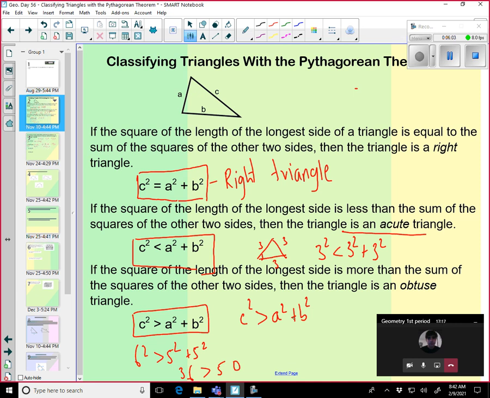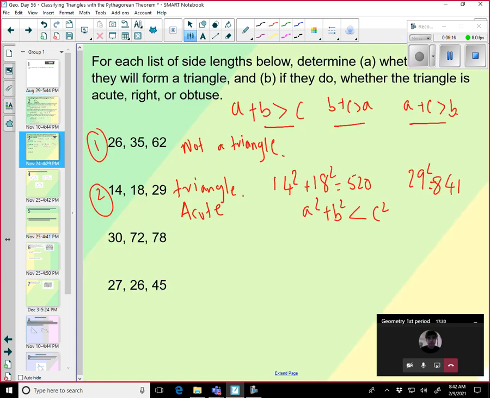Oh, A square plus B square is less than C square, then it is obtuse. My bad, guys. It's going to be an obtuse triangle. If C square is less than A square plus B square, then it's going to be an acute triangle. So this is going to be an obtuse triangle, since A square plus B square is less than C square.